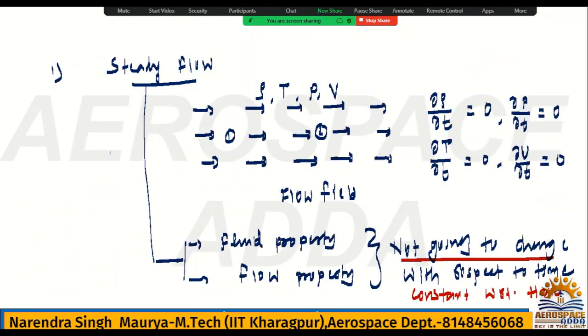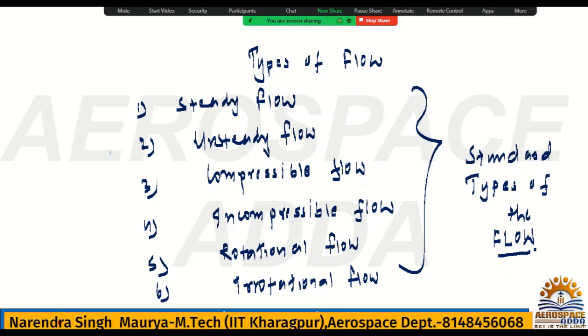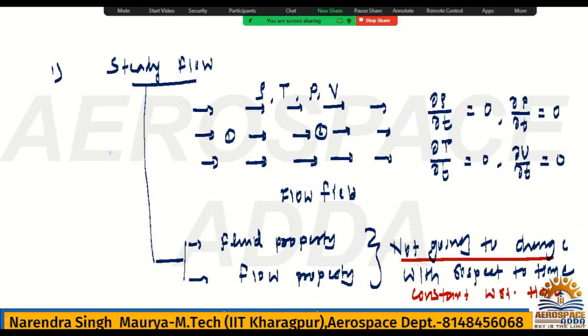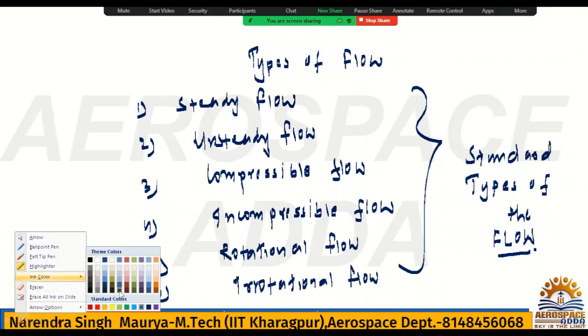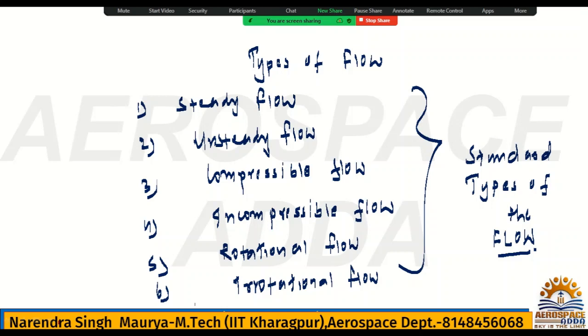Fine. So compressible, incompressible. Now rotational and irrotational. And I think one more thing needs to be added here: viscous flow and inviscid flow.